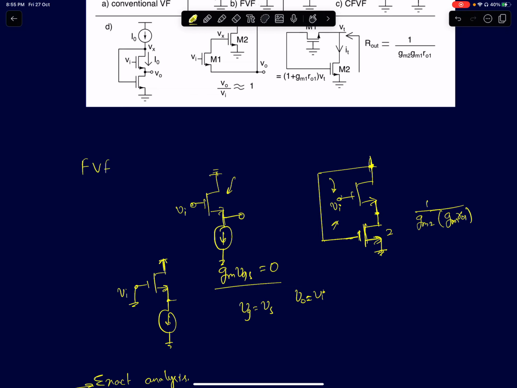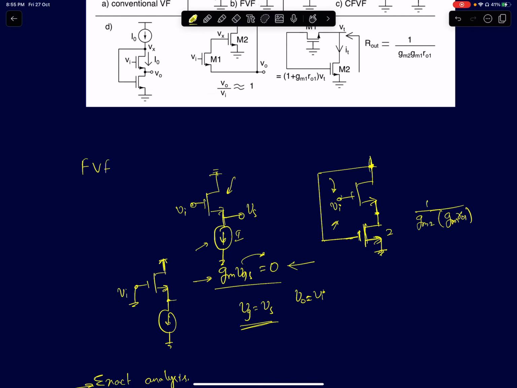Which means the small signal gm times VGS is equal to 0, because the constant current is enforcing that condition. The small signal change in the current is 0. And since you are biasing this device with a finite current, the gm of the device is finite. So the VGS has to be 0, which means the gate voltage will be equal to the source voltage, or the source follows the gate voltage. Which is why it's called a source follower.